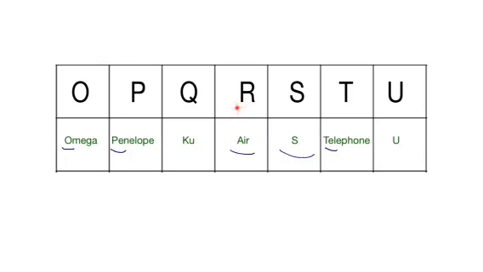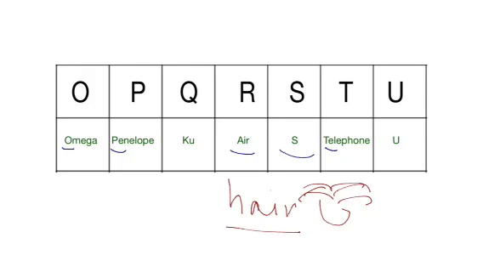The R sound of English will be air in French, like the word air, the air you breathe every day, or like the hair on your head, you see, hair. This is the way we pronounce air in French.